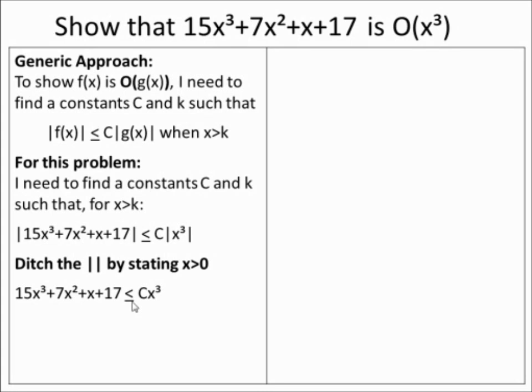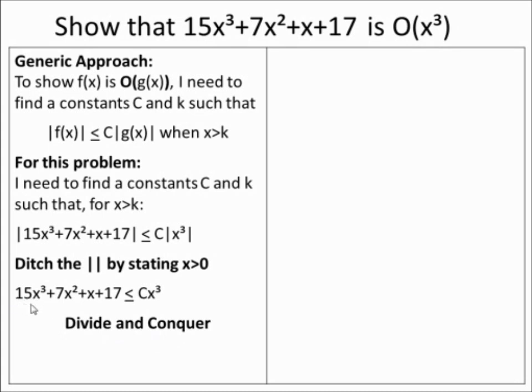Okay, so I've gotten rid of the absolute values by saying x is greater than 0, limiting my attention there. Now, how am I going to find some magic number c, some magic multiple of x cubed, so that I know for sure that this will always be less than or equal to that multiple of x cubed? Well, what we're going to do, and this is common, is divide and conquer.